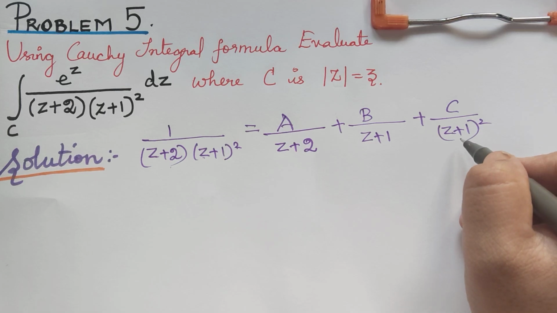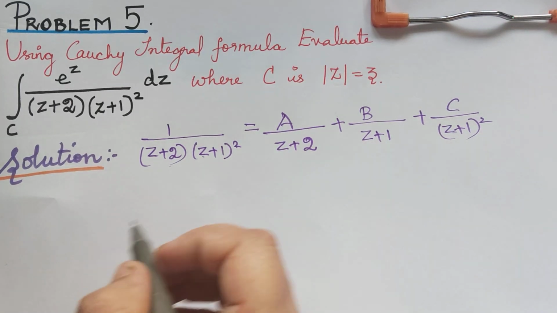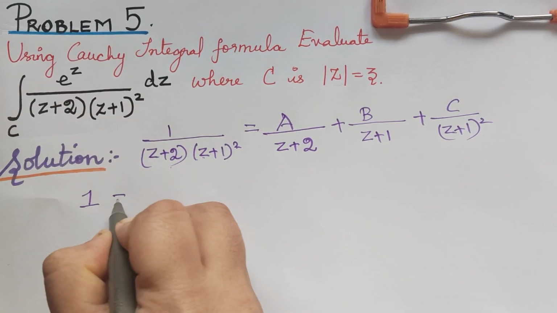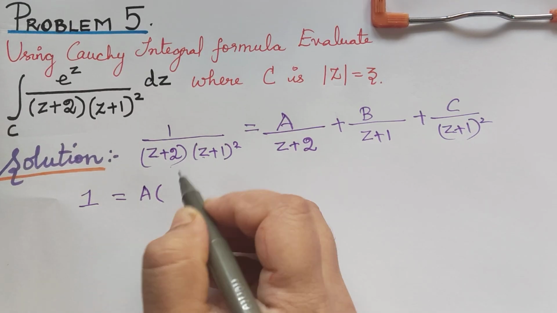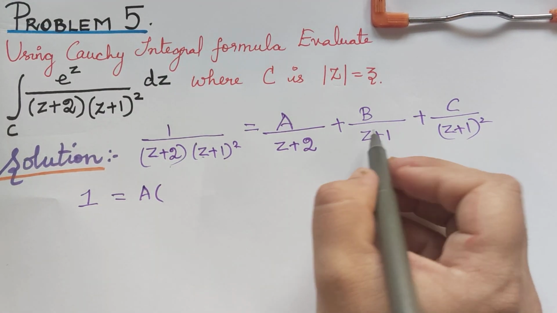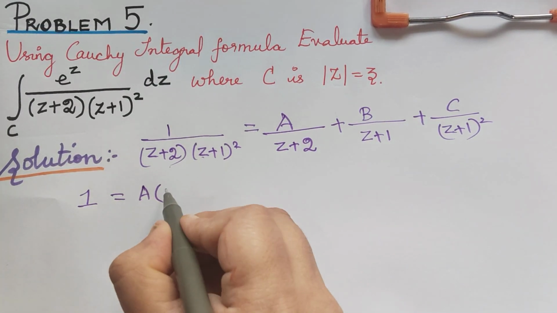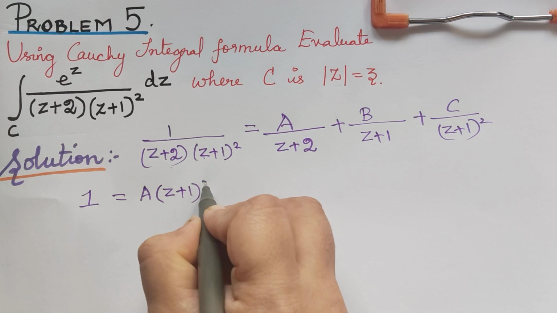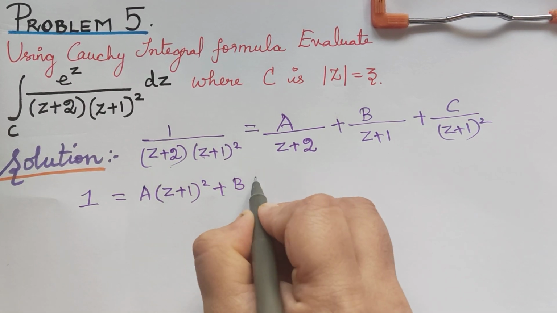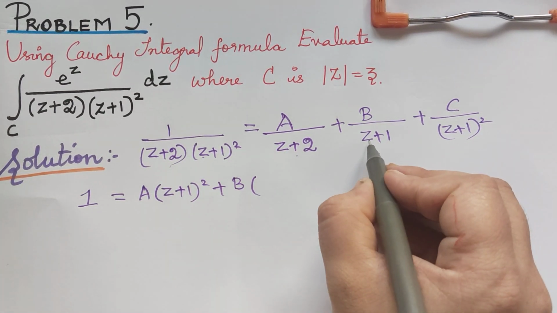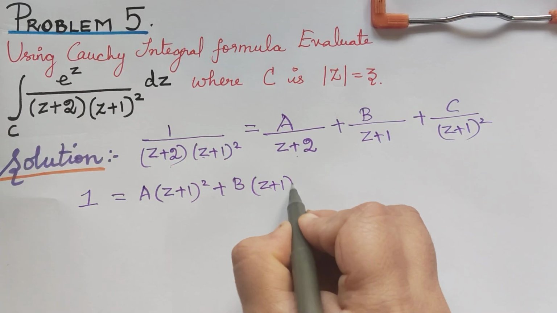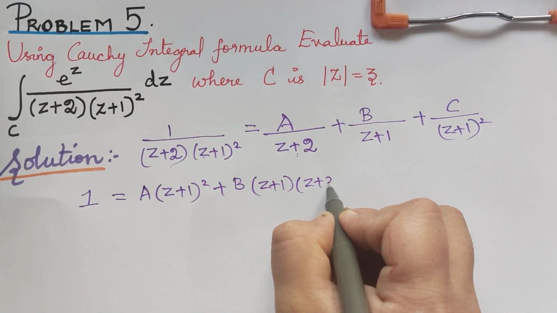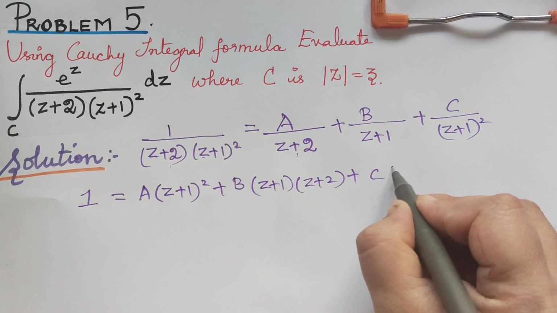This is by the method of partial fractions. Now from this we get 1 equal to a multiplied with, when you take the LCM, z plus 1 the whole square, plus b multiplied with z plus 1 and z plus 2, plus c multiplied with z plus 2.